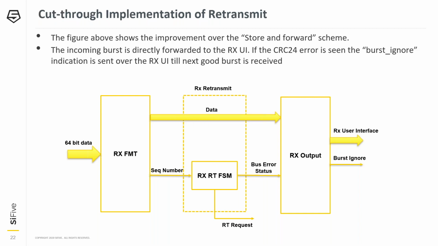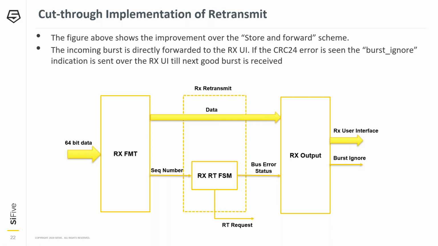Now let's look at what we call the cut-through implementation of the retransmit. As you can see, the retransmit buffer is eliminated, and all the incoming bursts are directly passed to the RX user interface. In parallel, the CRC24 check is performed. If a particular burst is an error, then a burst ignore signal is asserted on the RX user interface.